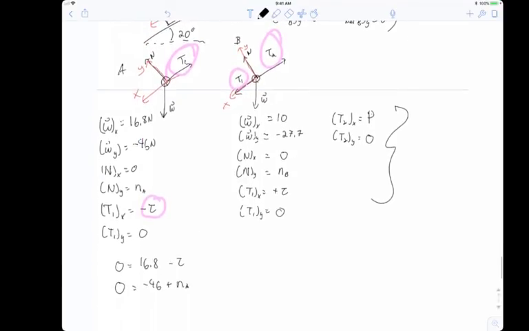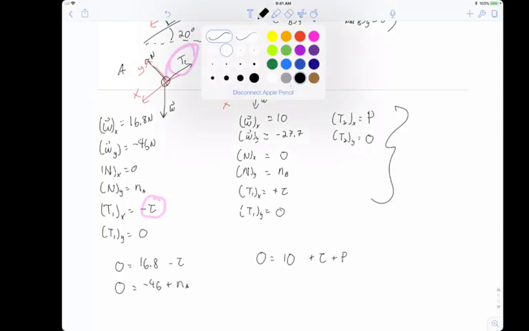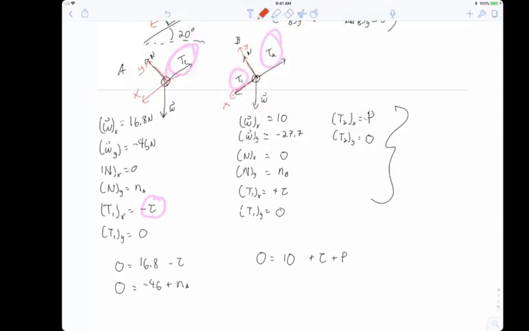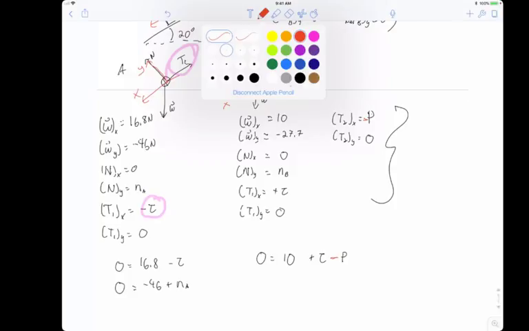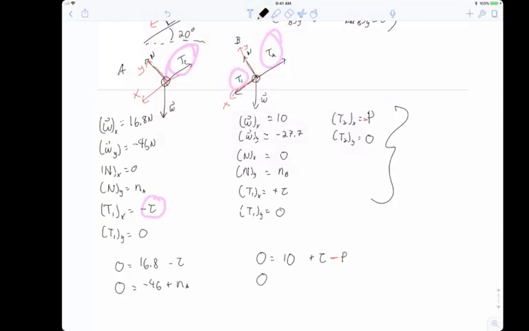Okay, so in the x direction it's 0 is equal to 10 plus 0 plus tau plus p. Wait, hold on. This has a mistake in it. It's supposed to be minus p because it's pointing downhill, or it's pointing in the negative x direction, which is uphill rather. Okay, and the other one, 0 minus 27.7 plus nb plus 0 plus 0.